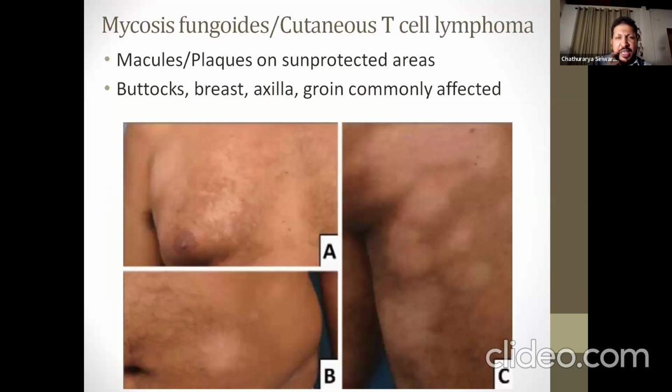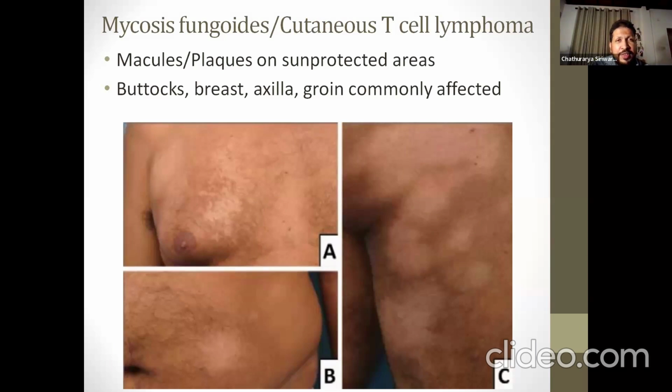Another rare condition, but it's very important not to miss. In our clinics, you see one or two patients per year. A condition called mycosis fungoides, a cutaneous T-cell lymphoma. Often these patients are mistaken as aluhang or leprosy. They come with these hypopigmented patches. Rarely they may be anesthetic, but not usually. It's usually in double covered areas like the buttocks, which can also be affected in leprosy.